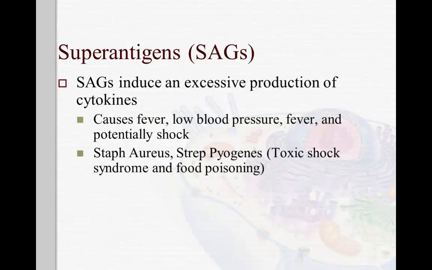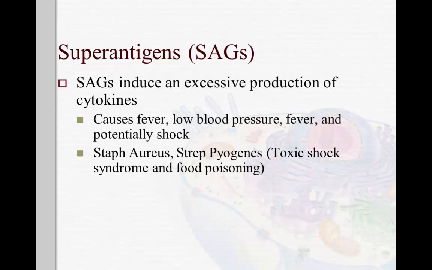This is an activation again. Now, we also have in our immune system what's called super antigens. Super antigens are those antigens that are able to produce an exaggerated response in the immune system.